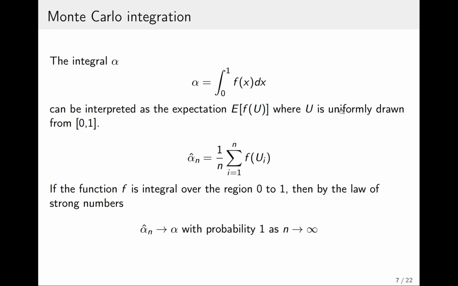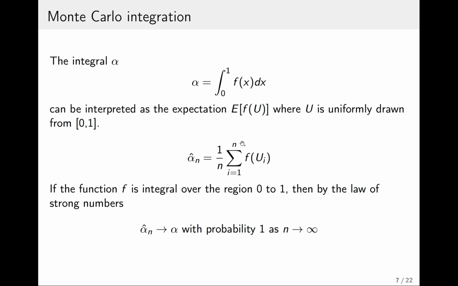This means the numbers are just random, evenly distributed between 0 and 1. So if we can generate random numbers between 0 and 1, we can estimate the integral by taking the average: take the random numbers u_i, apply the function to them, and then take the mean, and that gives you an estimate of the integral.